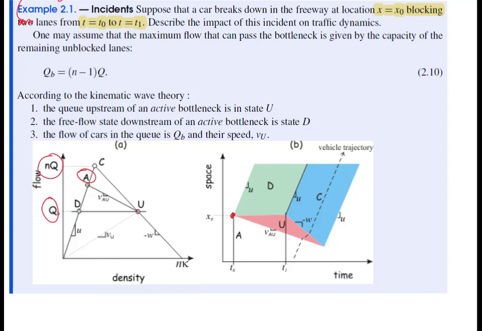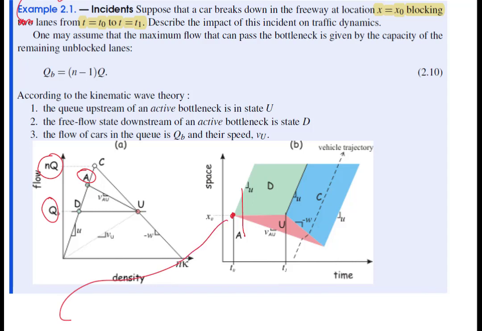Now, if you want to see the Riemann problems, I suggest you draw a line here, really close to the origin. There are three traffic states: D, U, and A. Let's look at zoomed-in versions of that.